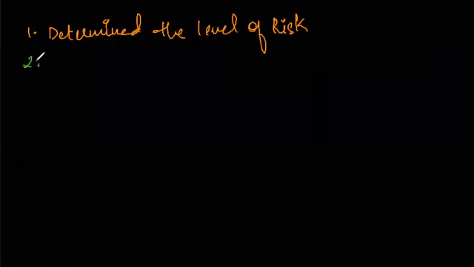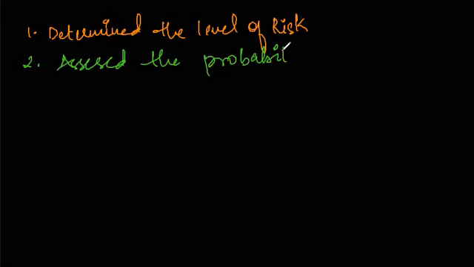Then second, you have assessed the probability of attack. Now, assessing the probability of attack is, if suppose there's some specific asset, there are more chances that this asset is going to be attacked. So you're going to try and save less important data onto that particular server. So that is the second point.